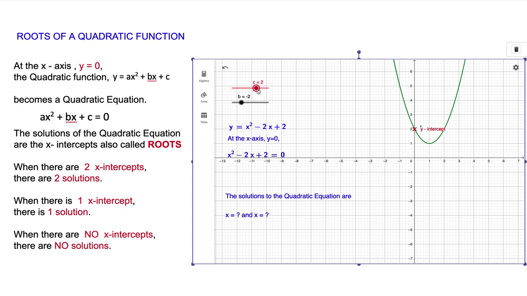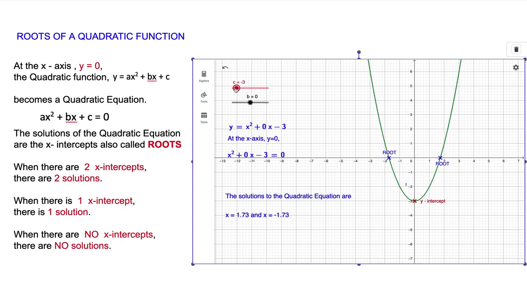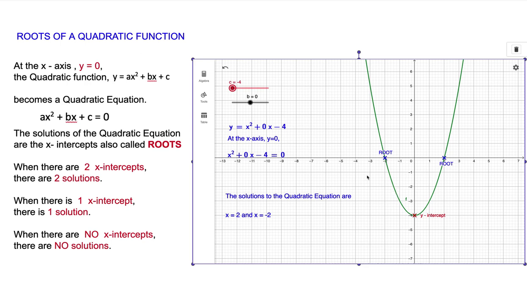Right, now let us see what happens when b is 0. When b is 0, the curve is in the middle, where the line of symmetry is the y-axis. So when b is 0, the line of symmetry is the y-axis. If you take a look at this example, we actually have a difference of two squares, x squared minus 4.